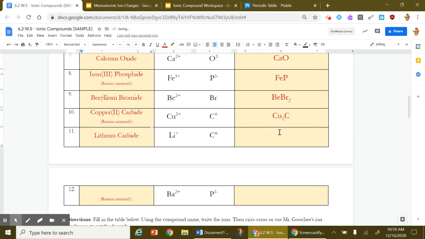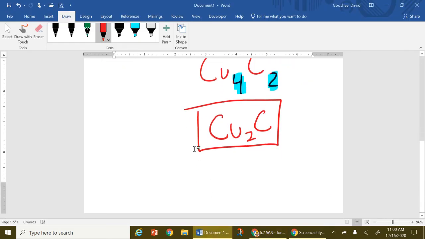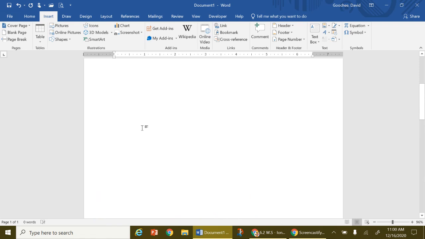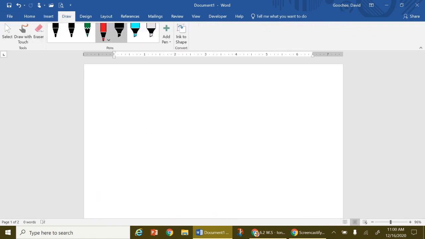Now, to crisscross here to get the formula. Insert, page break. So, lithium carbide.